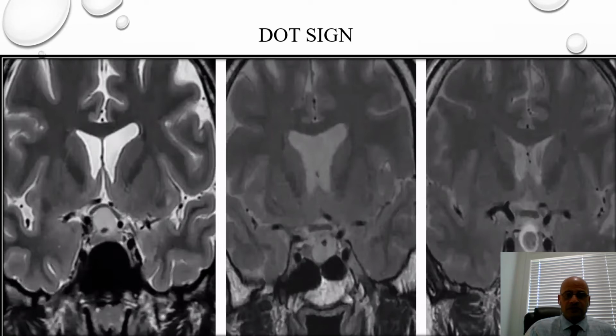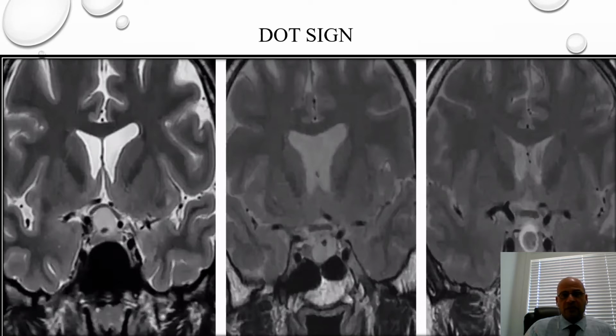Now, the dot sign, which is thought to be pathognomonic for the cyst, just represents debris within the fluid. So these debris will collate and congregate, and they are hypointense, and that's why on prone MRI you can actually see it floating from one end to the other, depending on the head position of the patient. So that's a quite helpful thing to find in the diagnosis.